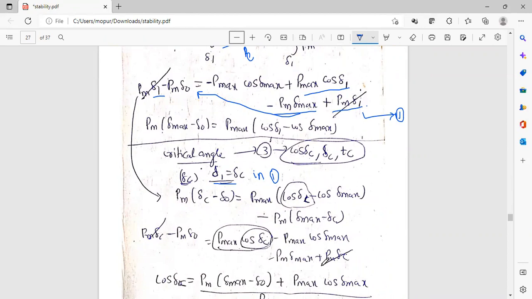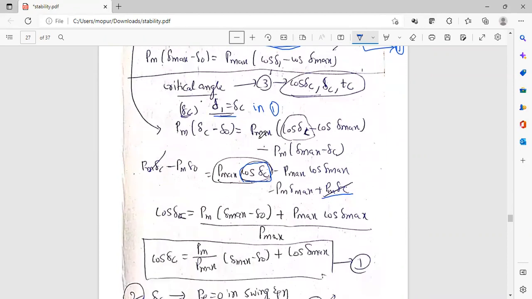Wherever delta 1 is there, here we are getting delta C. This Pm delta C gets cancelled. From this, we are getting the cos delta C term. Instead of substituting there, you can directly substitute in this also.